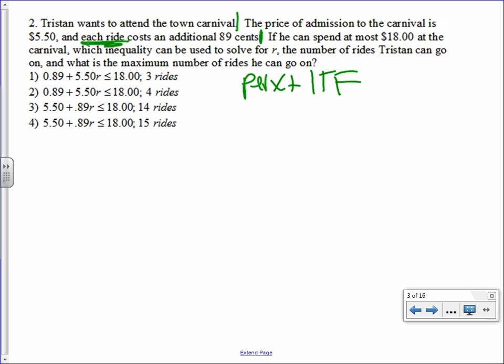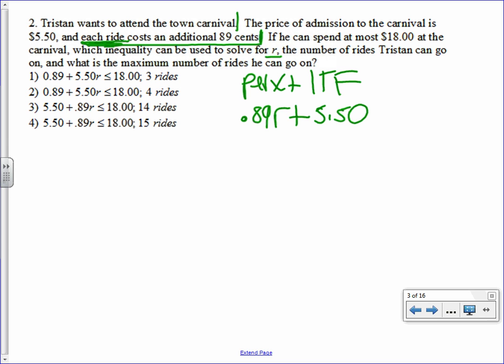So the per or each ride is 89 cents, so the 0.89 goes in front of the R, and the one-time amount is $5.50.